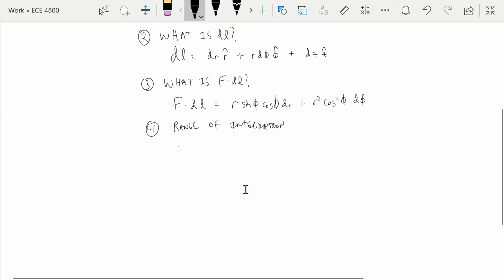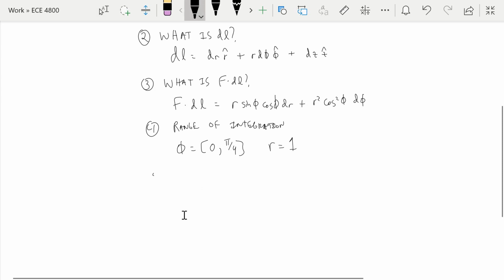Phi is going from 0 to pi over 4, as Bilal said, thank you. But r is going to be equal to 1, right? So our integration is really just over the single variable, and we are just going to be substituting r equals 1 everywhere in our equation.